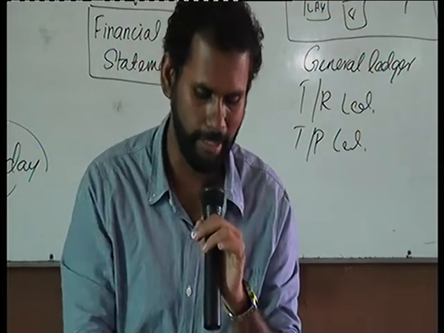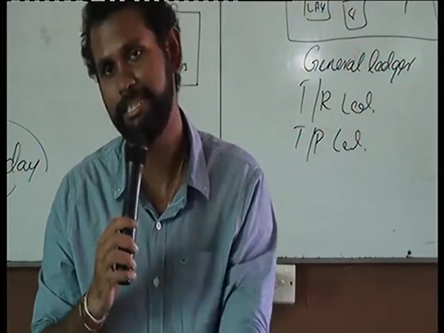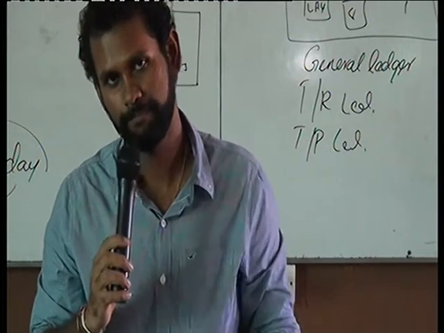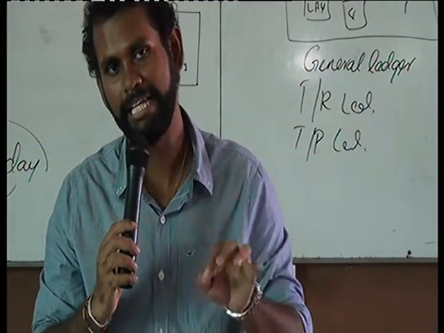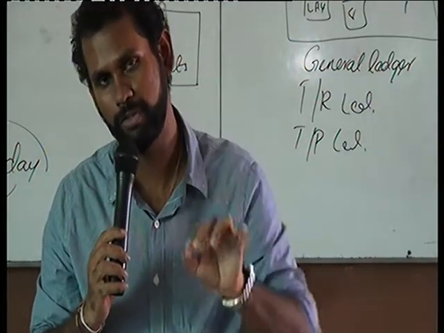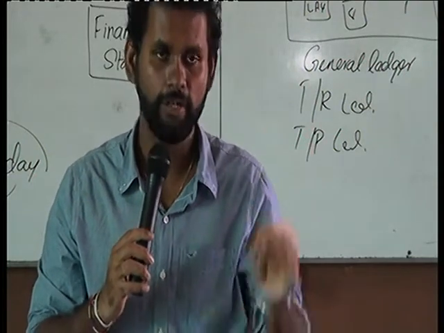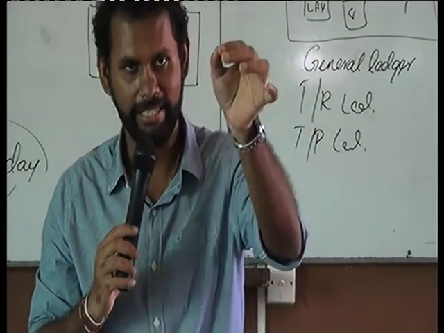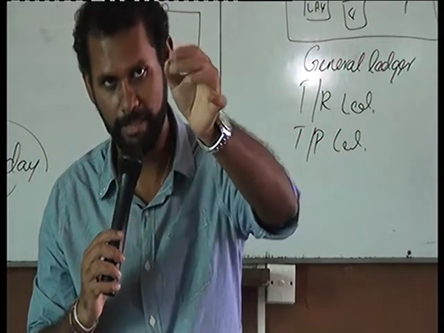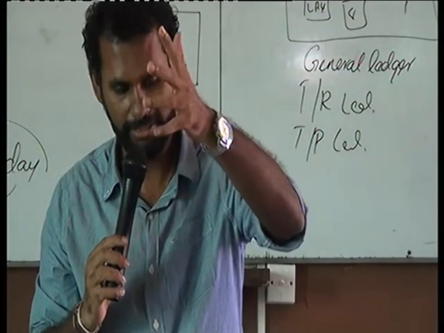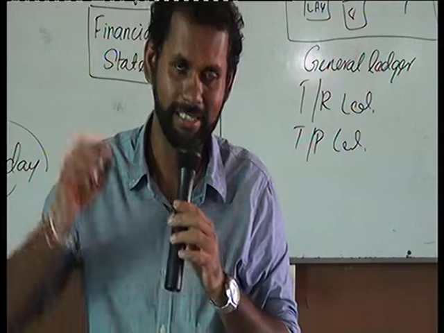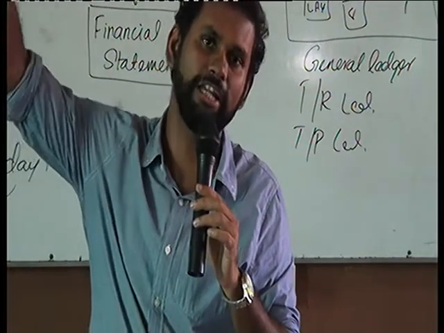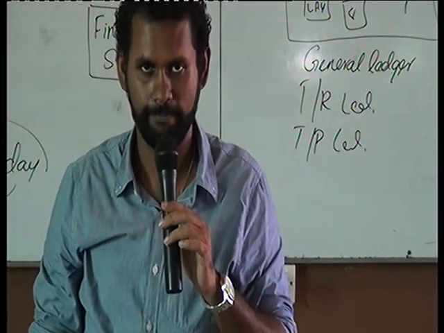Let's say, for example, we are looking at a receipt from debtor A. Debtor A has paid 100,000 rupees to the company. On the receipt side, we put the date, the receipt number, then the description as debtor A or cash receipt, and then the folio, which means where the other side of the entry is recorded.